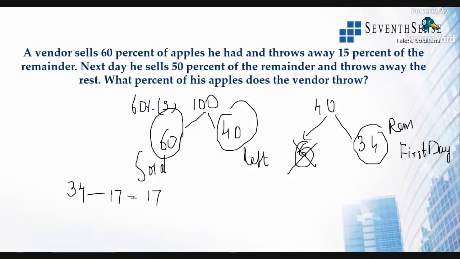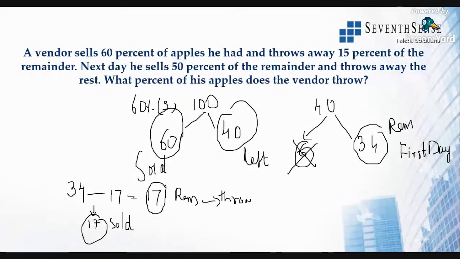Then he throws away the rest. That means he's throwing 17 apples. 34 minus 17 is 17 apples, which is sold. Remaining is 17, which is thrown.